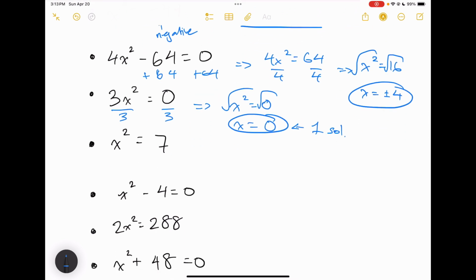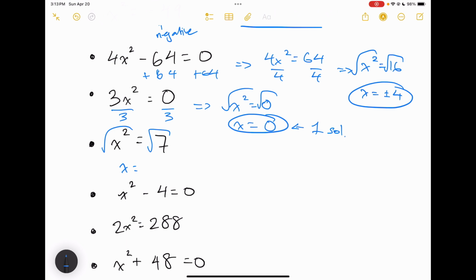One more example, and this is one that's going to be kind of important to keep in mind just in case you stumble upon things like this. If x squared equals 7, we have x squared equals a number, so we square root on both sides. X will equal, we don't know a square root for 7. There is no whole number that when you multiply it by itself, it gives you 7.